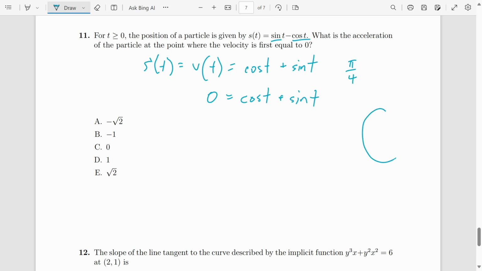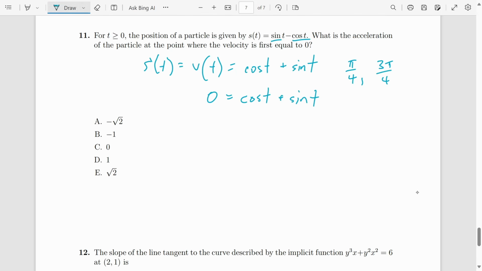On the unit circle, that is this line here where there's a 45-degree angle. Sine of pi over 4 is root 2 over 2, and cosine of pi over 4 is also root 2 over 2. So I think it's going to be either pi over 4 or 3 pi over 4 or 5 pi over 4 or 7 pi over 4, but I think it's going to be one of these two. So we can just test both of those and see which one it is.